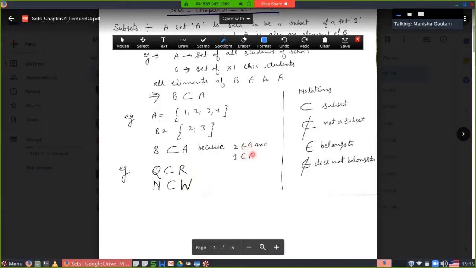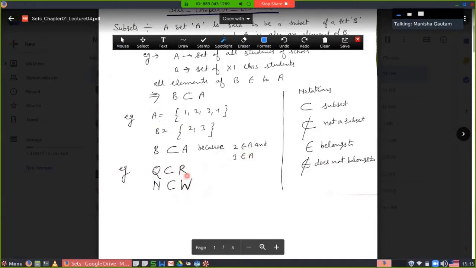Now in the number system, you can see here I have written Q is a subset of R. What does Q mean? Q means the set of rational numbers. In the first lecture I told you Q represents rational numbers, R represents real numbers, N natural numbers, W whole numbers.